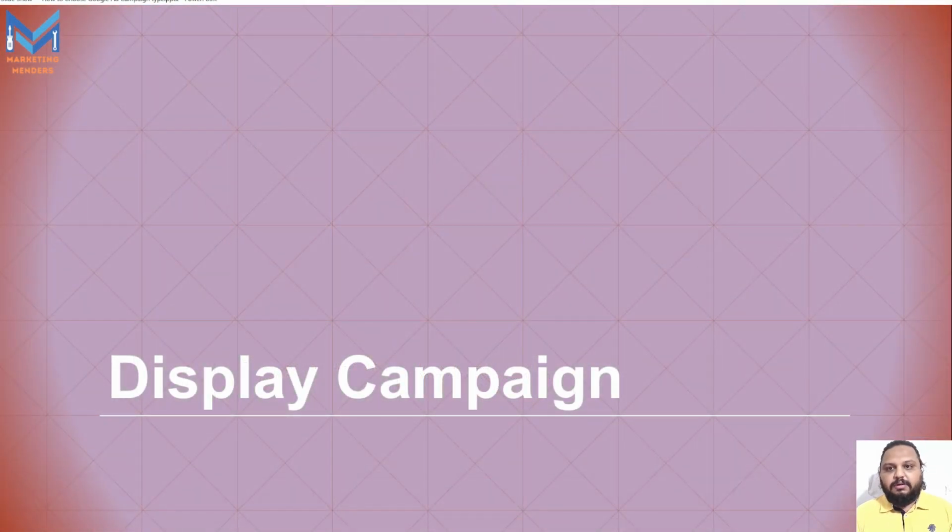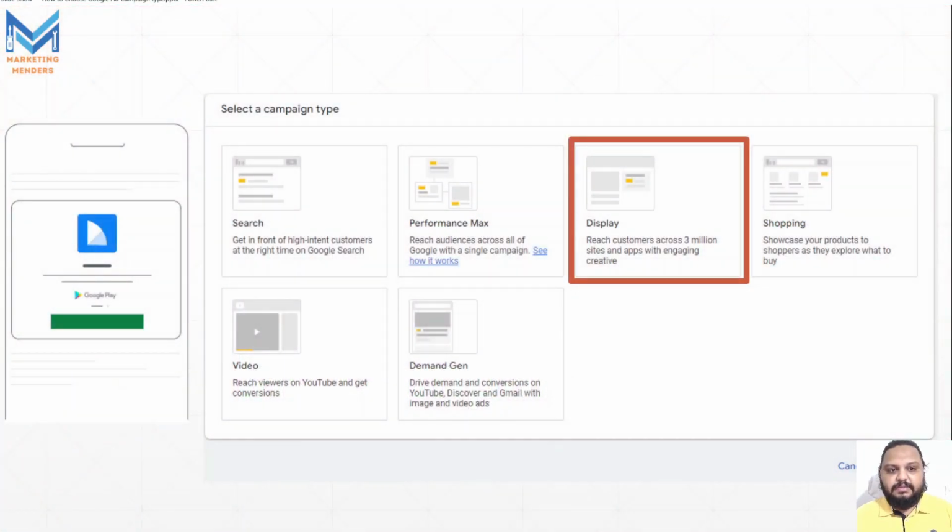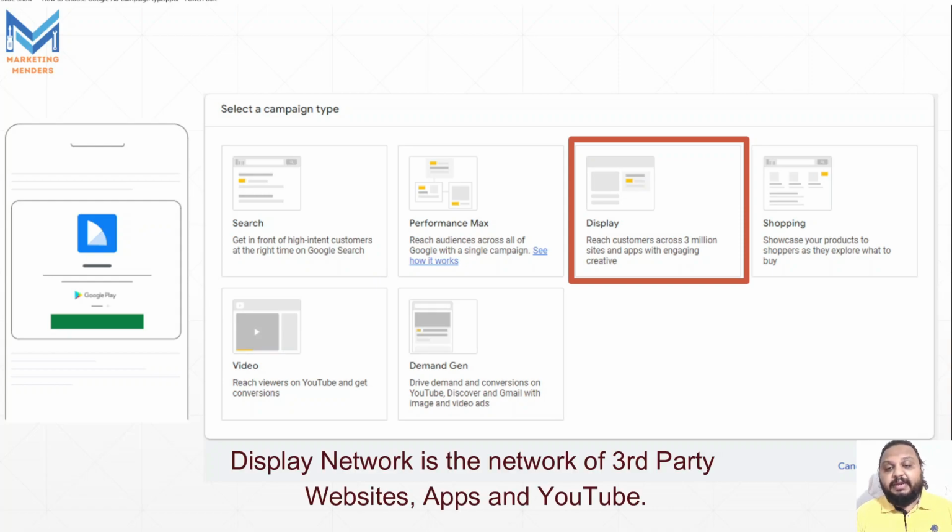Next, display campaign. As the name says, it appears in the form of images or videos. Your display ads will appear on the display network. Like we have a search network, Google also has a display network.